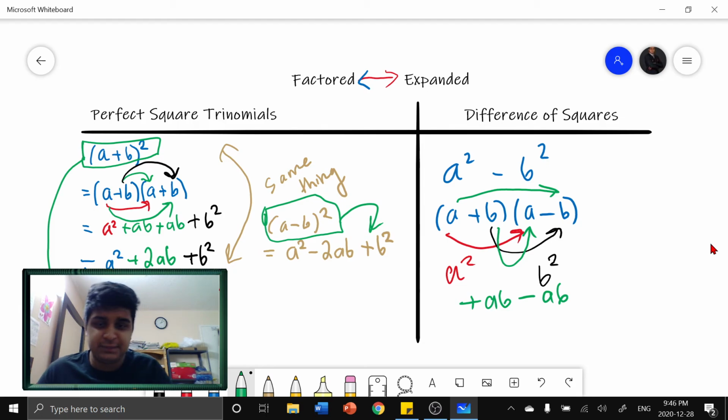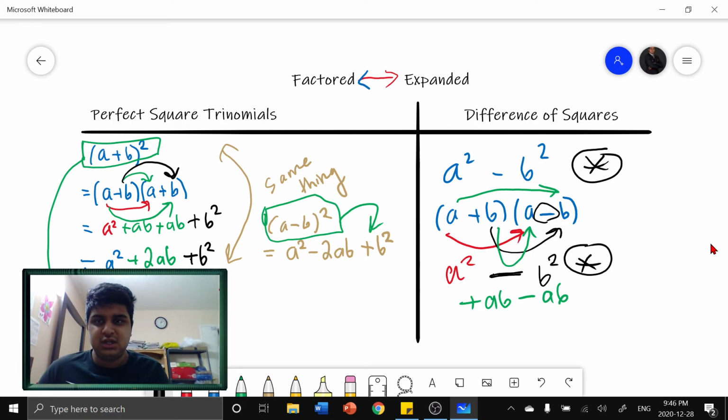But we know that the b squared had this negative sign attached to it right here. So it's a squared minus b squared, and this line over here is the same as this line up here, right?